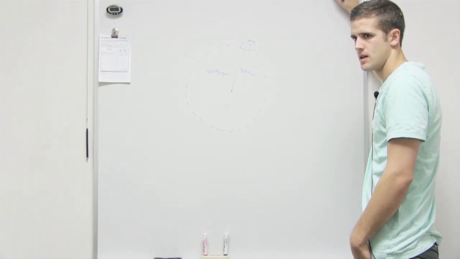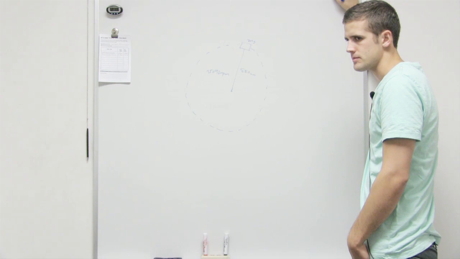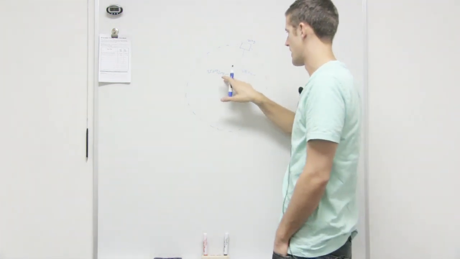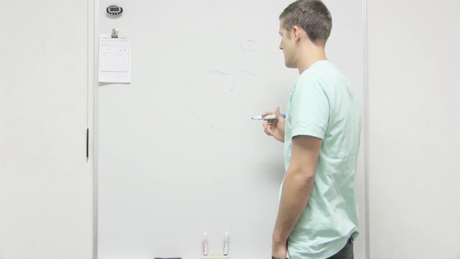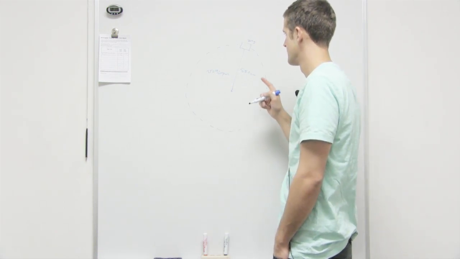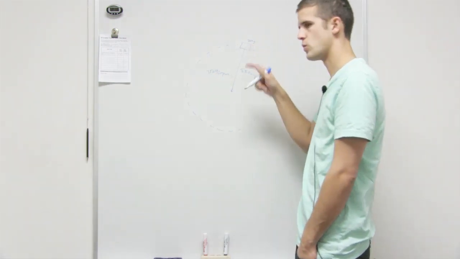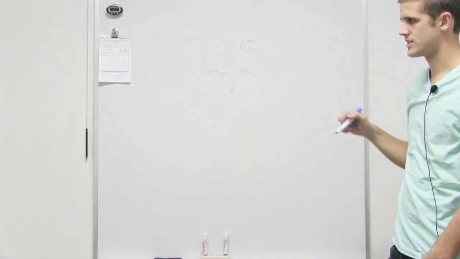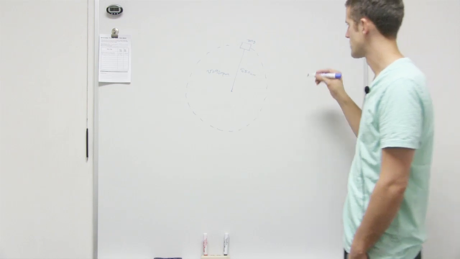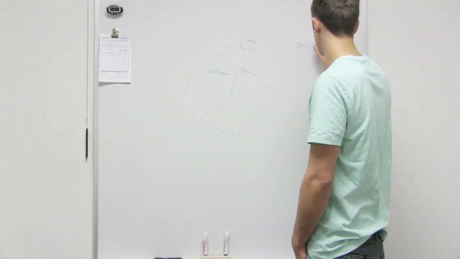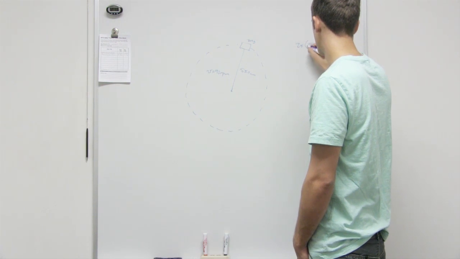Don't worry about the 90 per minute for right now. How far does it go in just one revolution? Yeah, it'd be 2 pi times the radius. It's 58, let's change that to 0.58 meters.